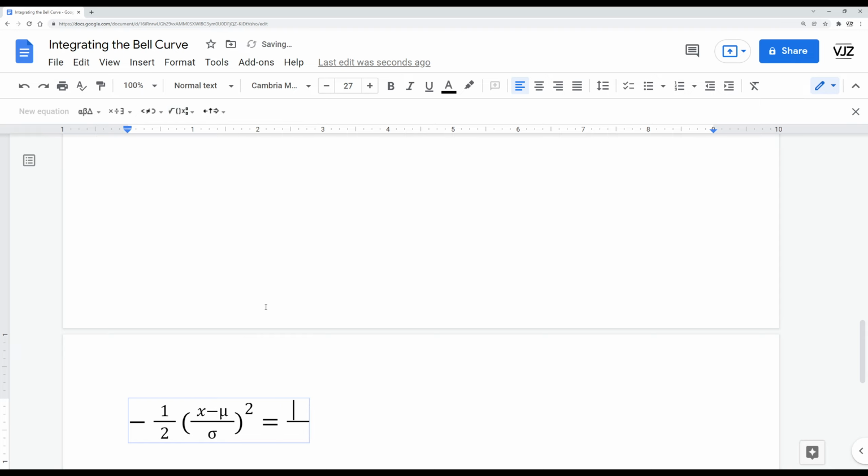The fraction remains, but this becomes mu squared, and then, actually, wait, just sigma squared times 2, and the negative one goes to the top, so it's just negative whatever this is.